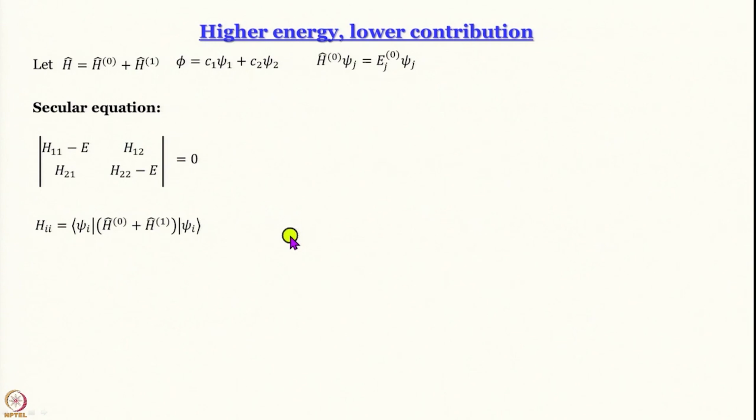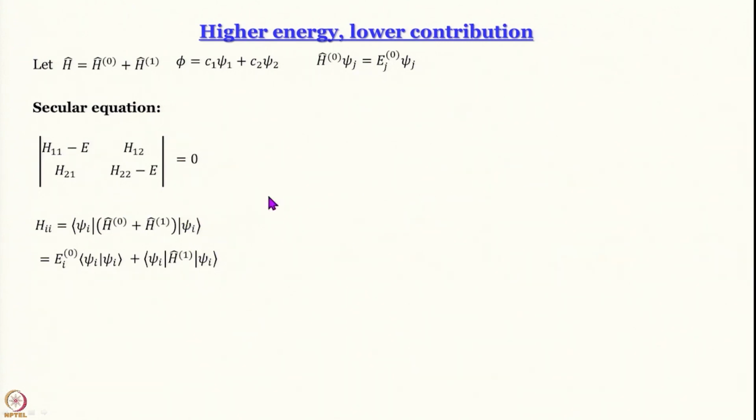This is what HII is, two terms. The first term I hope you can see without much hassle, we have done it just now. The first term is Ei 0th multiplied by the integral of psi i star psi i over all space, which is equal to 1, plus the integral of psi i, the first order correction to the Hamiltonian, operating on psi i.